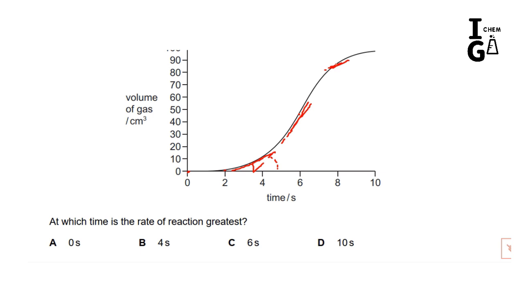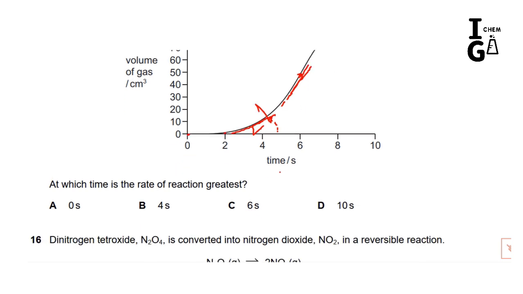Again, guys, you can use your ruler, it will be more precise. Finally we're going to find that at 6, you can also take this area of the curve because it's the steepest area, so you will find 6 is the steepest. So the correct answer should be 6 seconds.